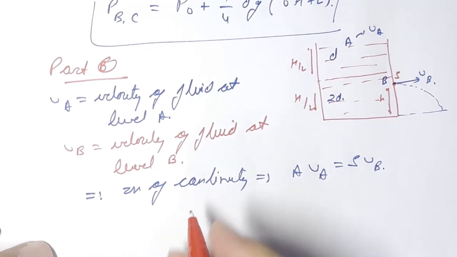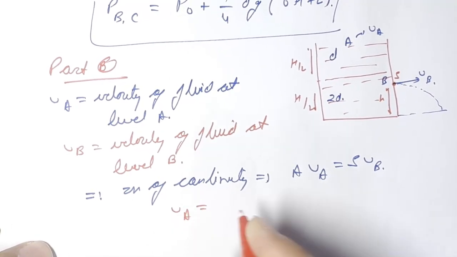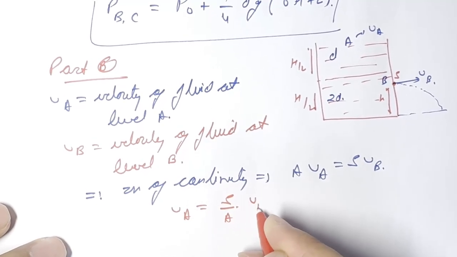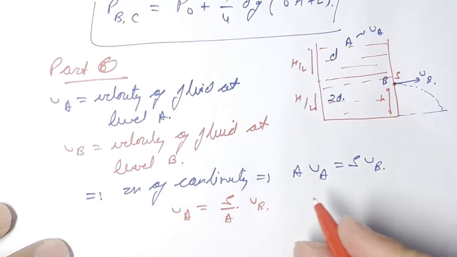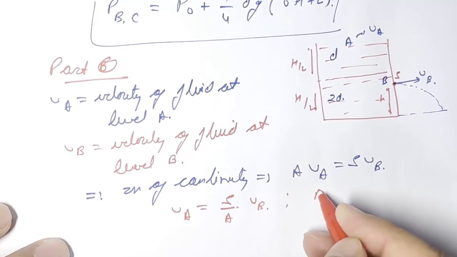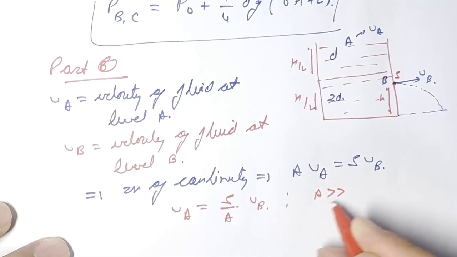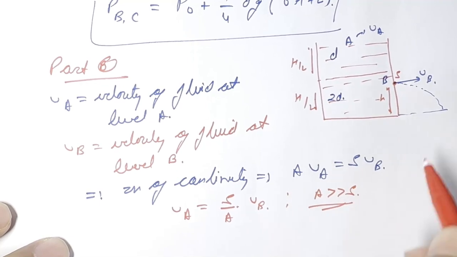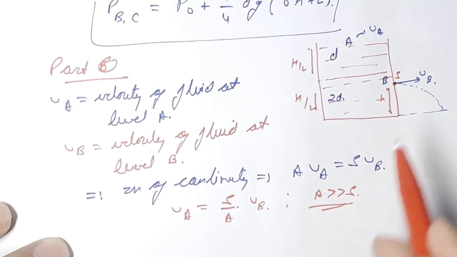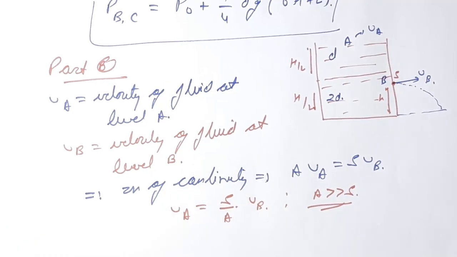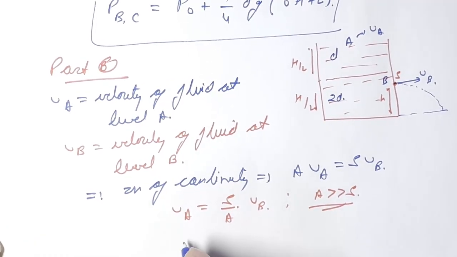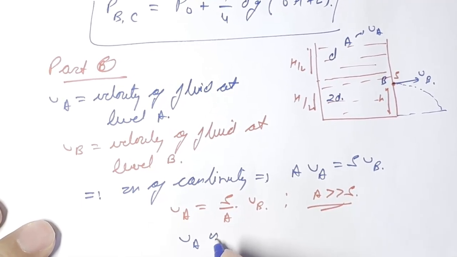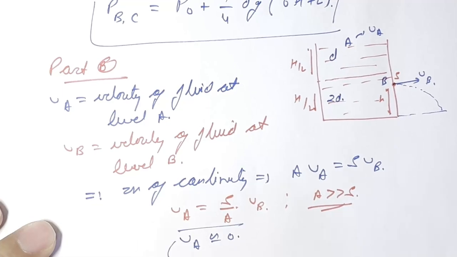So from here we can say our VA will be equal to S upon A multiplied by VB. But in the question it is given that the area of the base of the container is very much large as compared to the cross-sectional area S. So from here we can draw one important conclusion, that the velocity at level A will be approximately equal to 0.